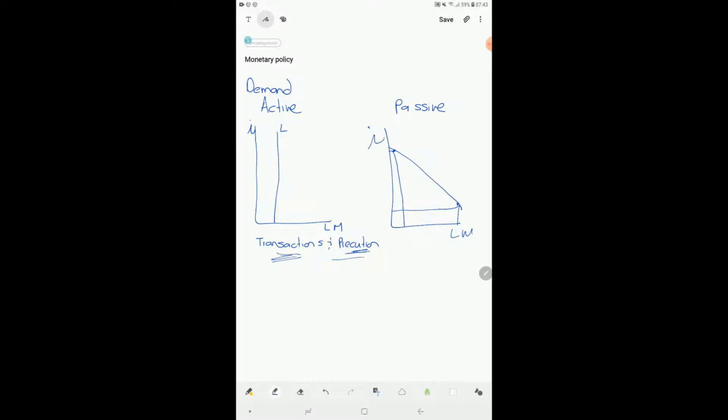Because if the interest rate is very low, you're not going to get a return on your money, so you would rather buy something that will give you more value in the long term. Where the interest rate is high, you want your money in the bank because you want it to generate some interest. So this is for your speculative motives.